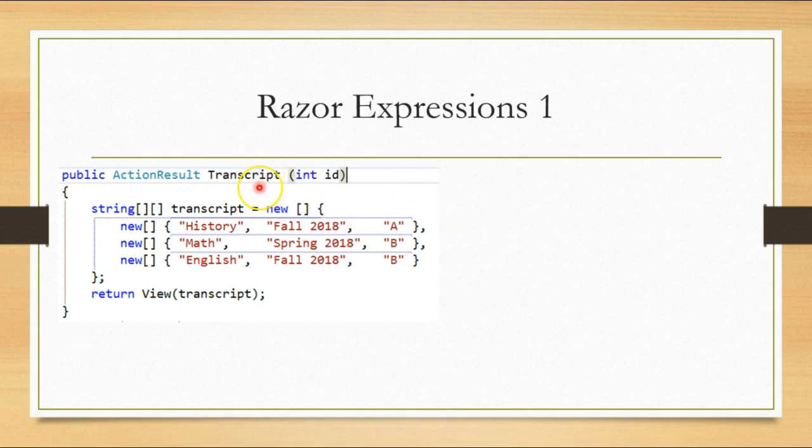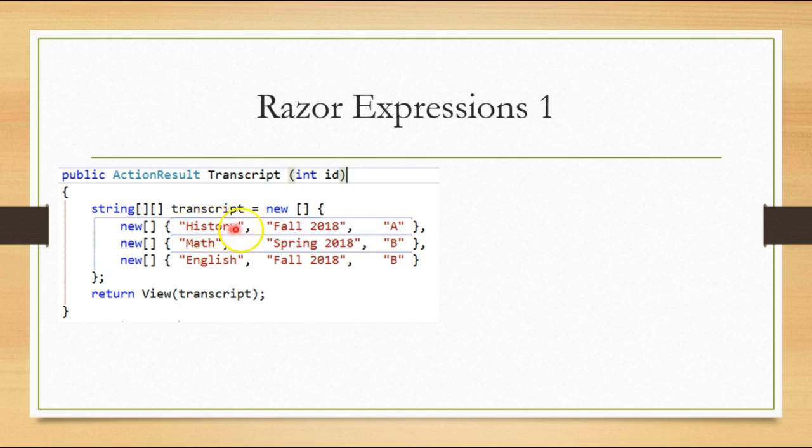We're going to add a new method called Transcript. I forgot to show you how to do that, but just add a new view, call it Transcript. This is the code for it. And I'll show you the code for the transcript in a little bit. We're going to create a two-dimensional string array called transcript.